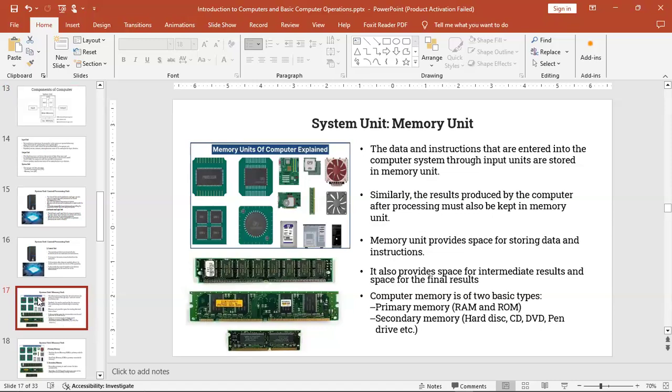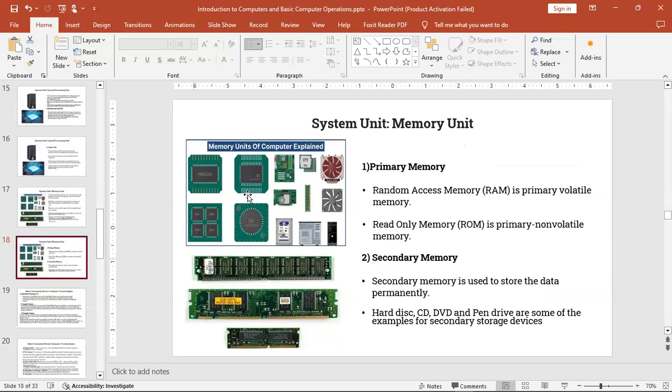The main memory is divided into two types: the primary memory and the secondary memory. Primary memory is further divided into the random access memory, RAM, which is a volatile memory, and the read-only memory, ROM, which is non-volatile.